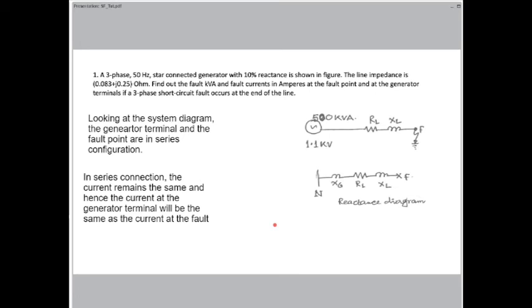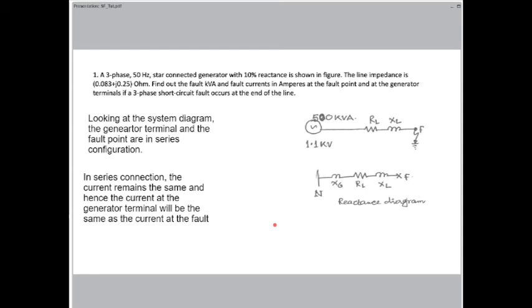Look at the system diagram. What does that mean? The terminal and the fault point, they are in series. So what we know from our fundamentals in electrical engineering, that when we have a series connection, current in a series circuit remains the same, it doesn't change. So it will be the same current as we have calculated for the fault point.